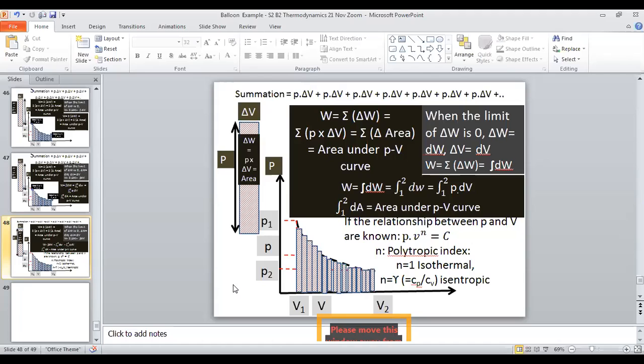How the PV curves are there, how the entropy varies, we are going to talk about those. Before that, some practical aspects, and we will also look into some closed system energy balance questions.